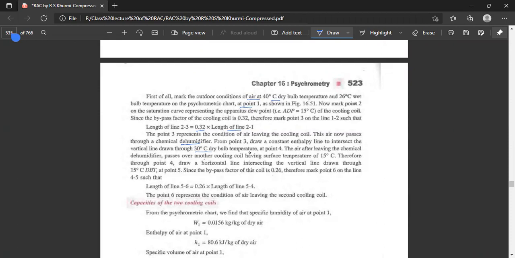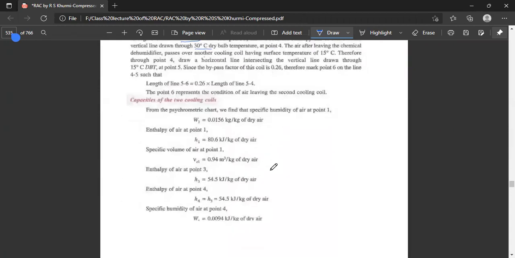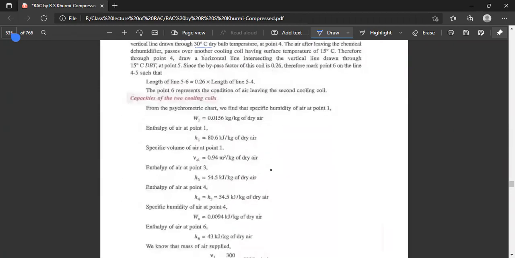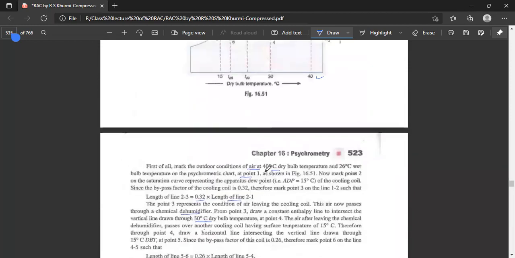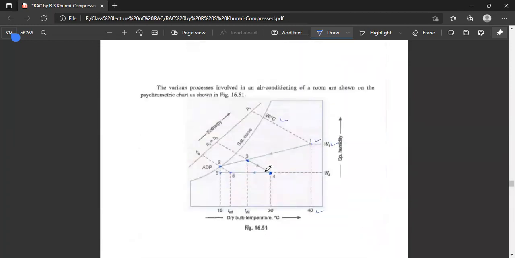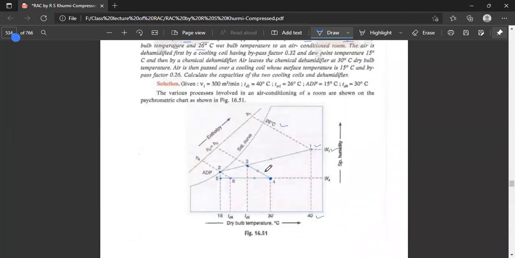Enthalpy at point 1 is given as H1, 80.6 kilojoule per kg of dry air. This is the H1 here.